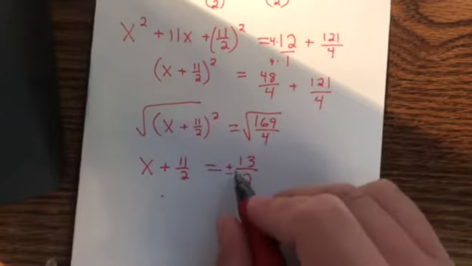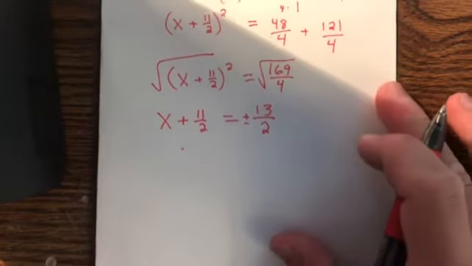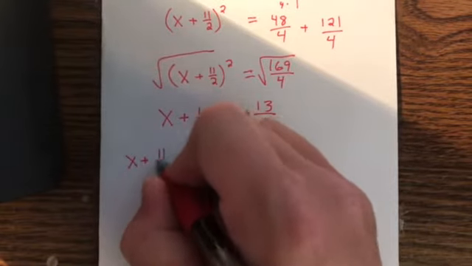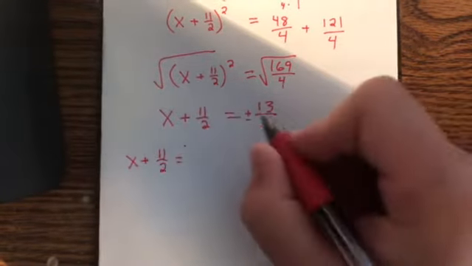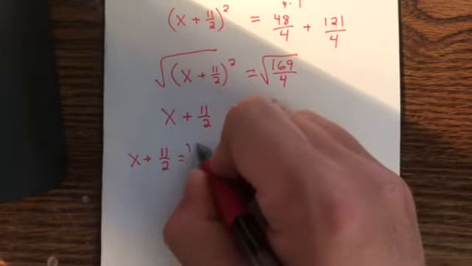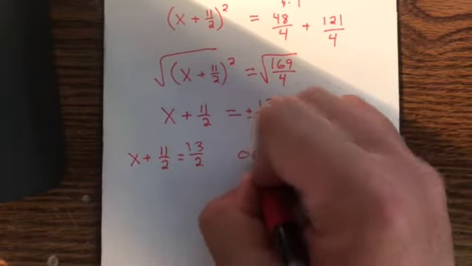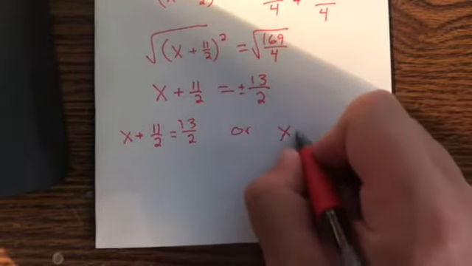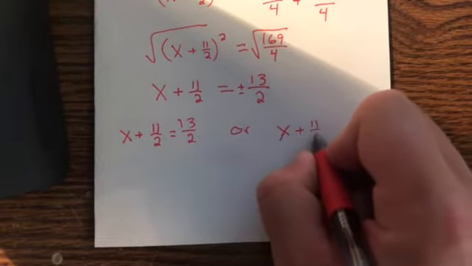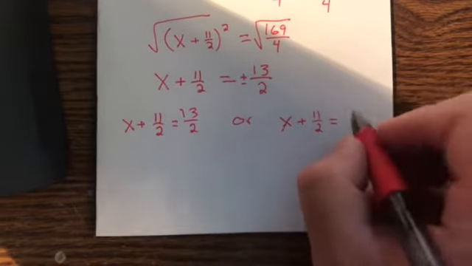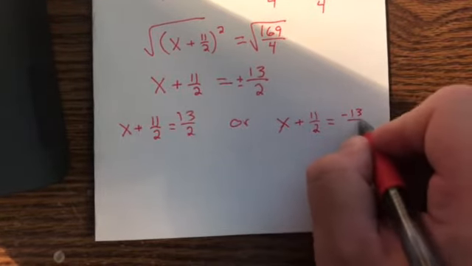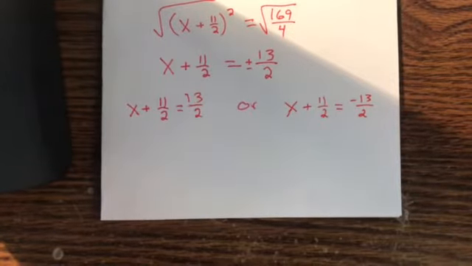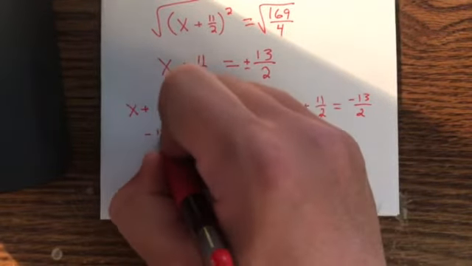And maybe since this is a plus or minus, at this point I would break it into two parts. I would know that x plus 11 over 2 could be equal to a positive 13 over 2, or x plus 11 halves could be equal to a negative 13 over 2.